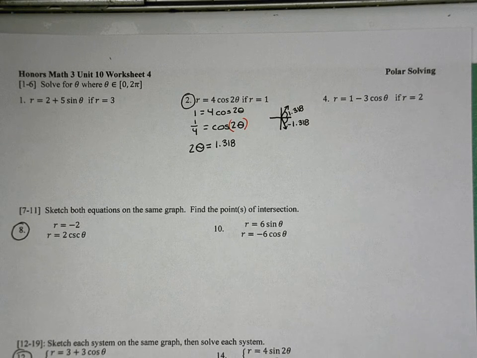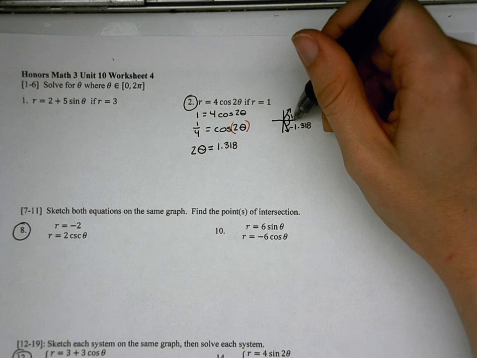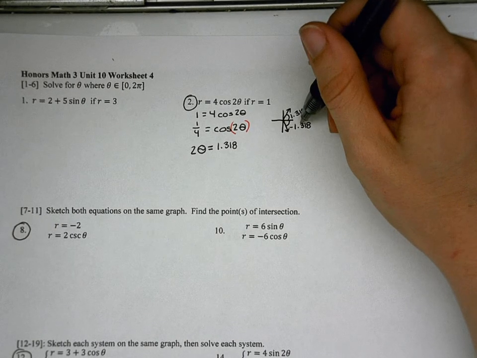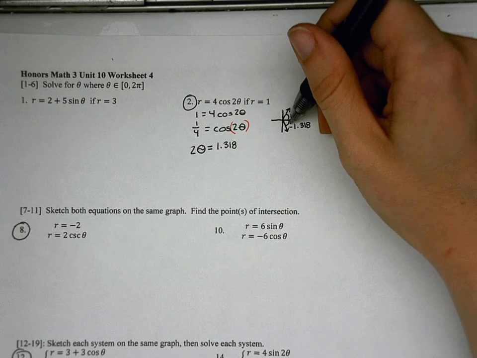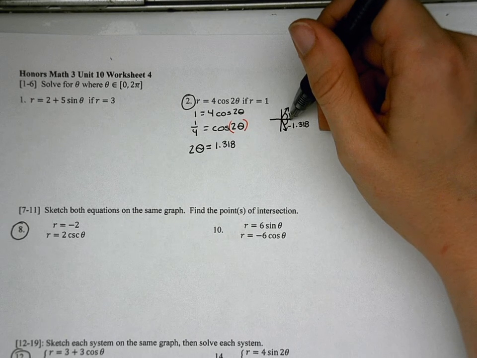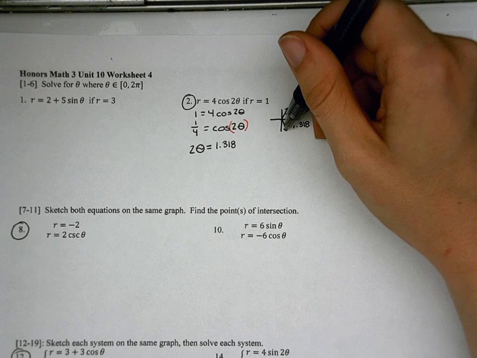Is saying, okay, well, I can't call it negative 1.318, but I know that this angle here, the right part of my x-axis, is called 2 pi. And if I subtracted 1.318 from 2 pi, so starting here minus 1.318, I'd land at this angle that I'm trying to name.